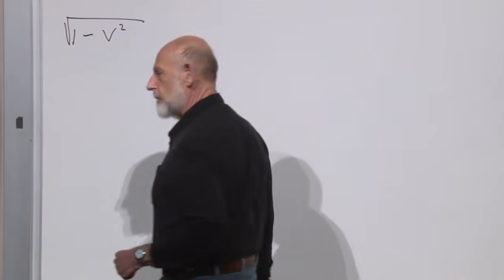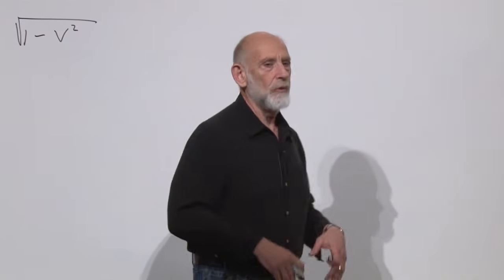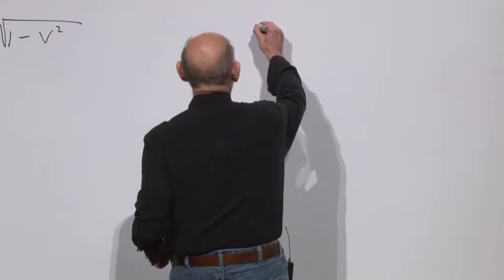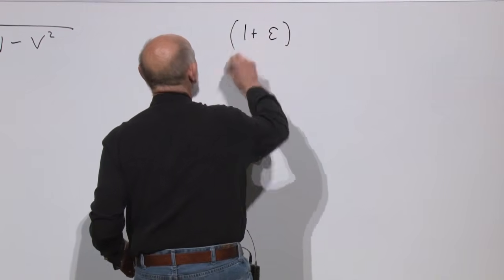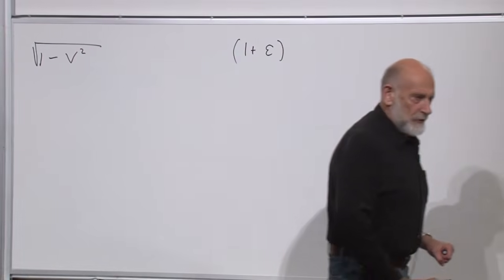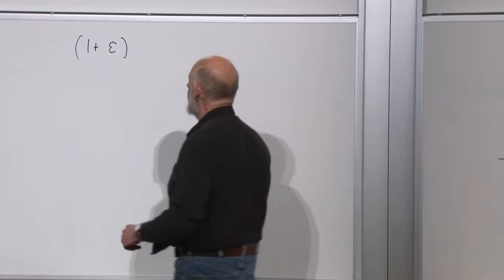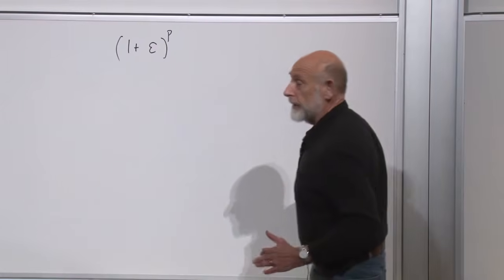This is just an example of the binomial theorem. I'll write it down once and for all. We'll use it a couple of times tonight, and I assume everybody knows it. The binomial theorem says that 1 plus a small number epsilon to a power p, where p can be anything, as a matter of fact.